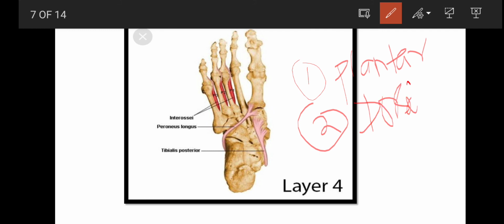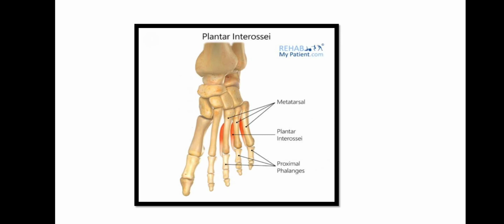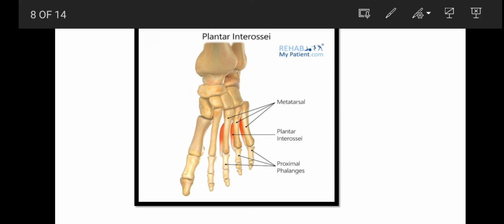You have to note here that the plantar interossei muscles are unipennate muscles. Dorsal interossei muscles are bipennate muscles. There are three plantar interossei muscles, three bellies, which you can find here.